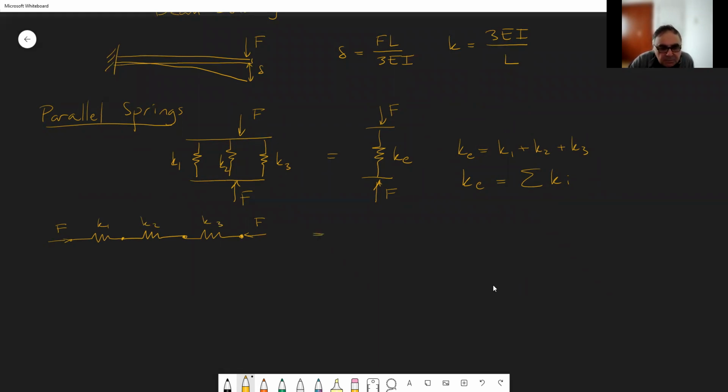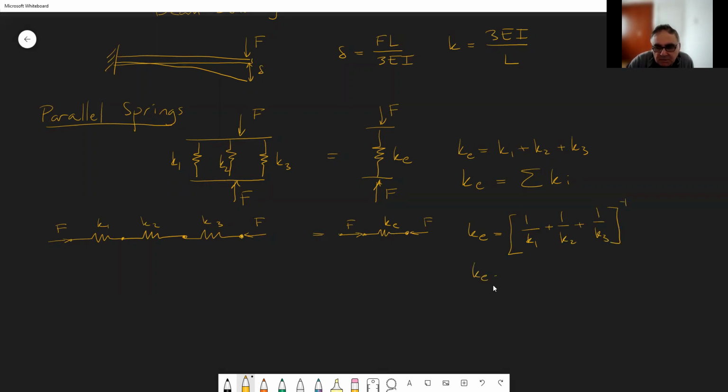And if this is equivalent to something like this, KE is going to be, as you might remember from somewhere, 1 over K1 plus 1 over K2, inverse.